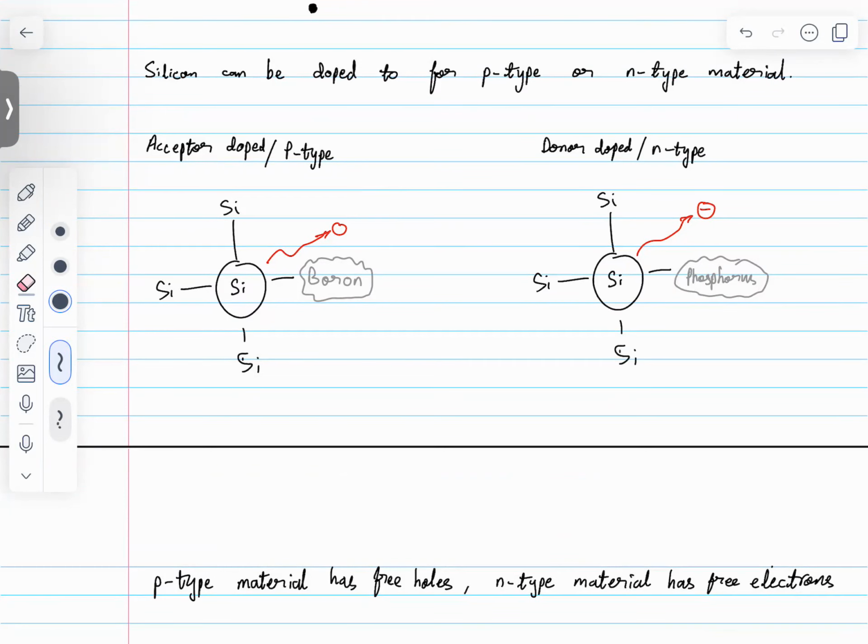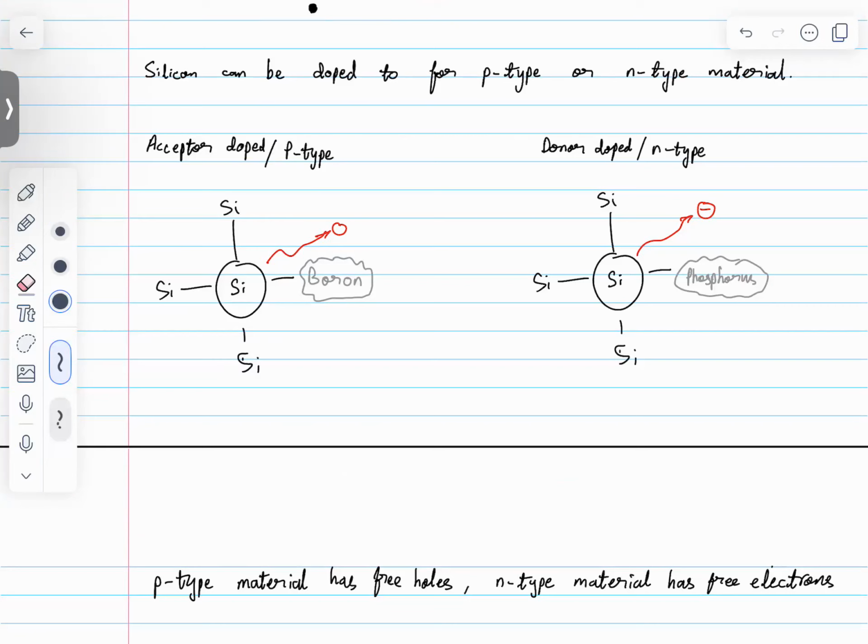So you could do the exact opposite thing. You could dope a silicon crystal with not a third group element, but a fifth group element. So let's say phosphorus. Because phosphorus is in the fifth group of the periodic table, a phosphorus atom will have five electrons in its valence shell.